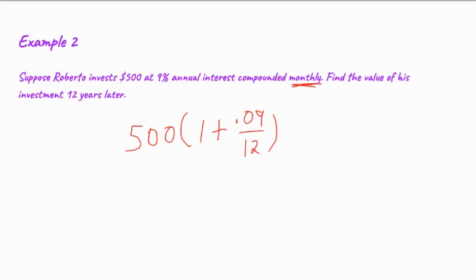And then we've got 12 times 12 in the exponent. 12 times 12 is 144. And we'll go from there. 500 times (1 plus 0.09 divided by 12) to the power of 144. $1,466.42. There we go.